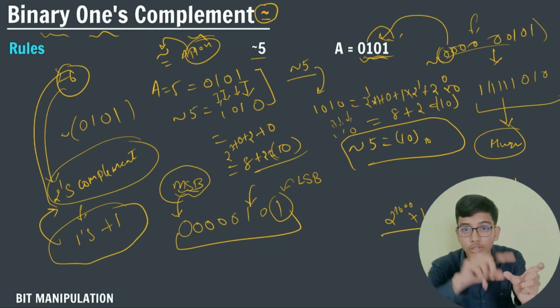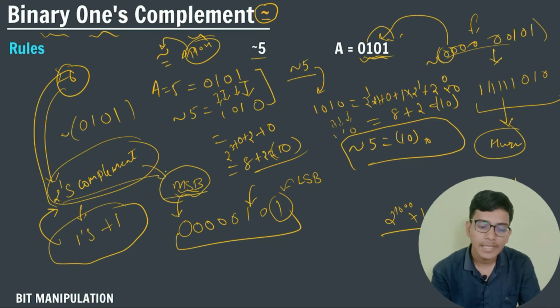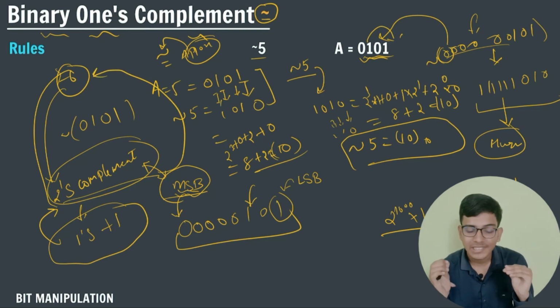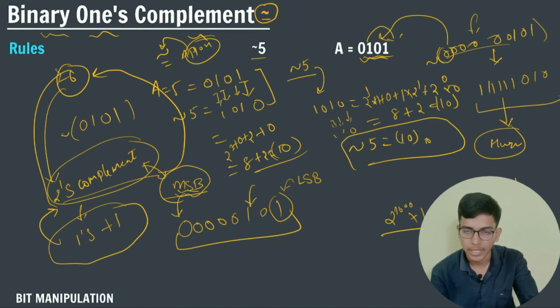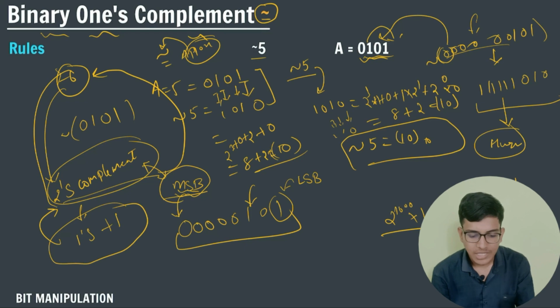So because of the most significant bit and 2's complement, by combining these two things, we got our output as negative. Because of these two concepts, I got my output as -6. So this is the concept of binary ones complement.